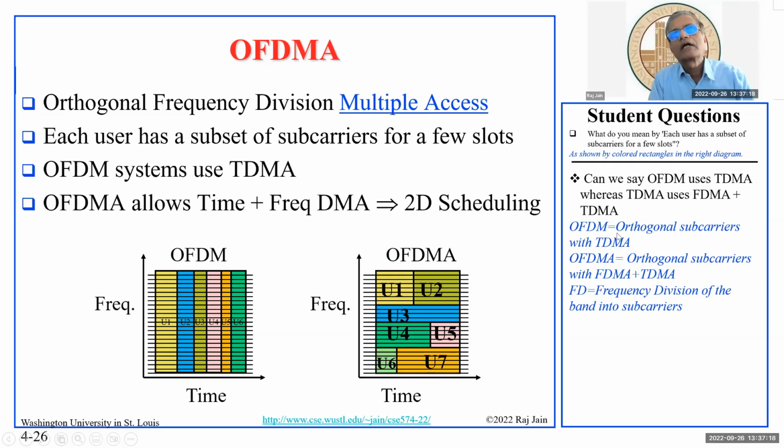OFDM, orthogonal subcarriers. Okay, when you say FDM, frequency division is there, but it is not multiplexed. So there's no access. The access is only by time. But the thing is, the frequency is divided orthogonally. What that means is that you have subcarriers. It is not one carrier.